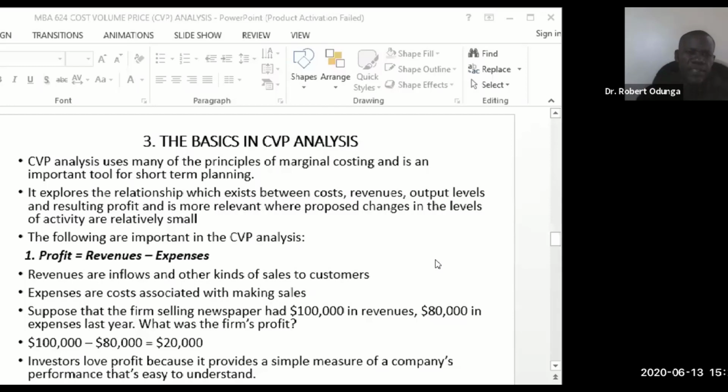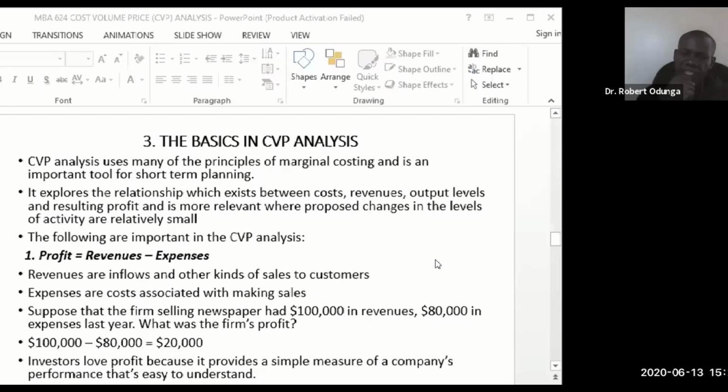So the analysis uses many of the principles of marginal costing and is an important tool for short-term planning. As we have mentioned above, it explores the relationship which exists between costs, revenues, output levels, and resulting profit, and is more relevant where proposed changes in the levels of activities are relatively small.